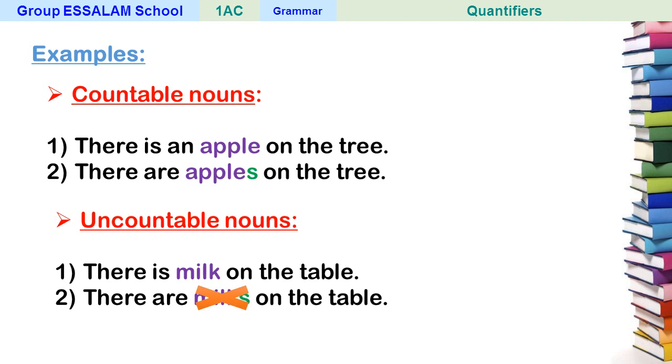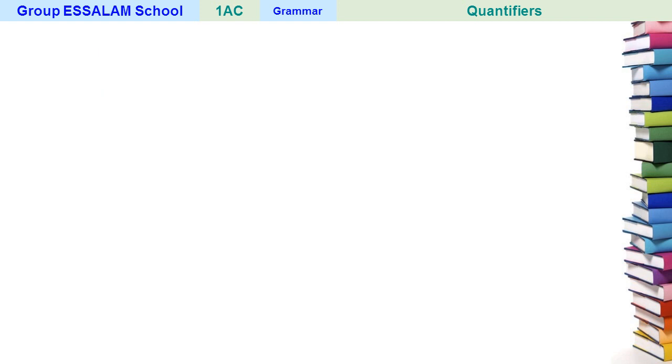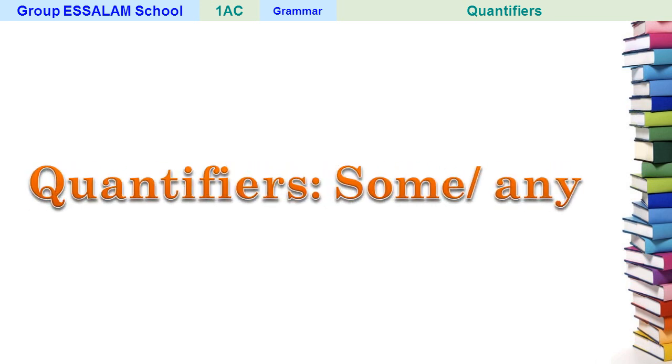So, if you can determine if the noun is a countable noun or uncountable noun, you will be able to use quantifiers with no problem whatsoever. And the first ones we are going to look at are the quantifiers some and any.